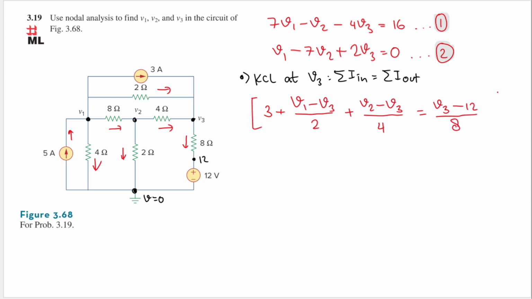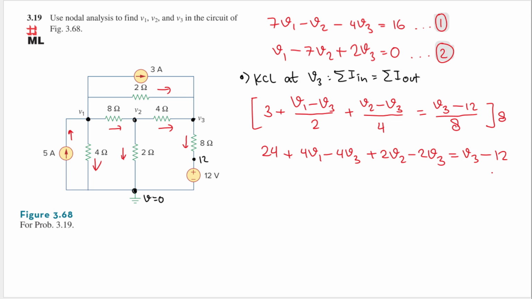Let's multiply both sides by 8 to get rid of all the denominators here. 3 multiplied by 8 is 24. And then 2 and 8 will cancel into 4, so I will have 4V1 minus 4V3. 4 and 8 will cancel into 2, so I will have 2V2 minus 2V3. 8 and 8 will cancel each other, so we will have V3 minus 12.